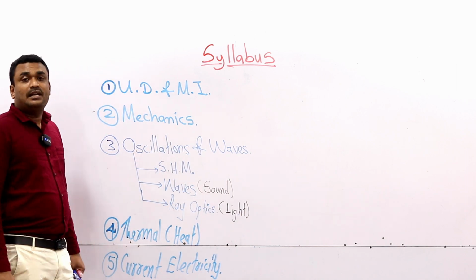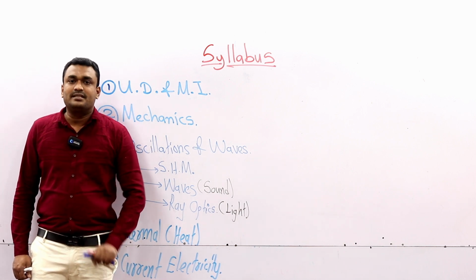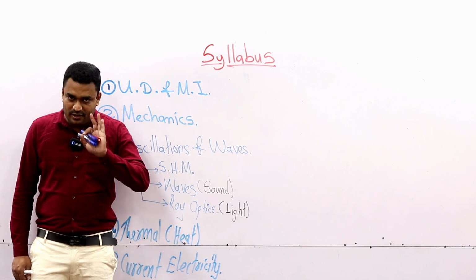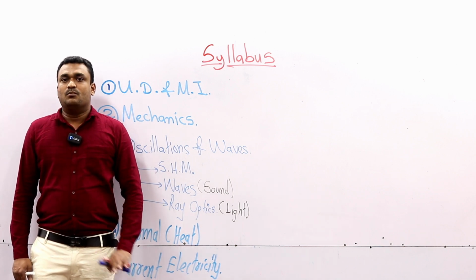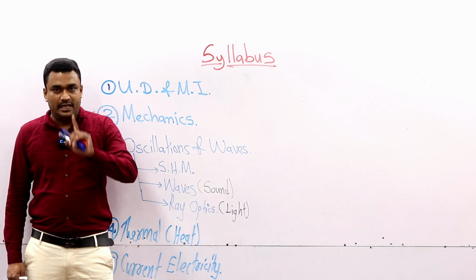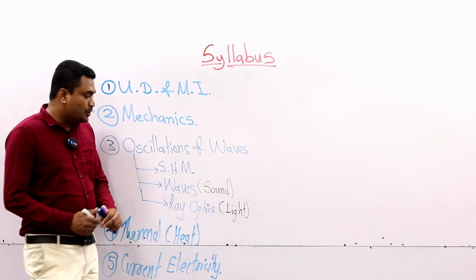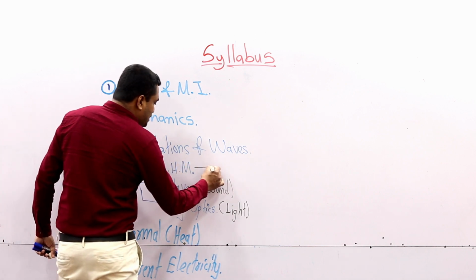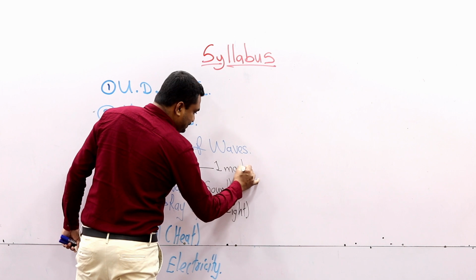if you consider simple harmonic motion, most of the time only one MCQ is given. If you consider physics past papers, in most of the past papers, only a single MCQ is given from the simple harmonic motion lesson. So one MCQ means only 1 mark.